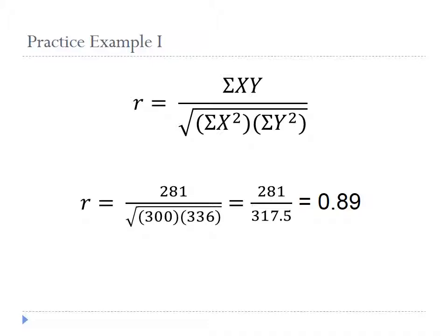In this case, it looks like they both go up from administration 1 to administration 2. Second, we look at the number itself, 0.89. It's a pretty high number. Remember, 1.0 is the highest we can go. So we could mean that this was a fairly reliable test score.